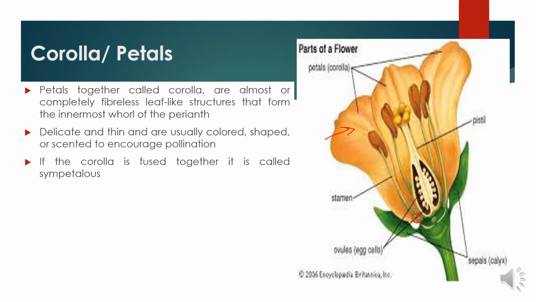But the general characteristic is that a petal has a narrow base and a very large upper portion. This upper portion is called the blade.